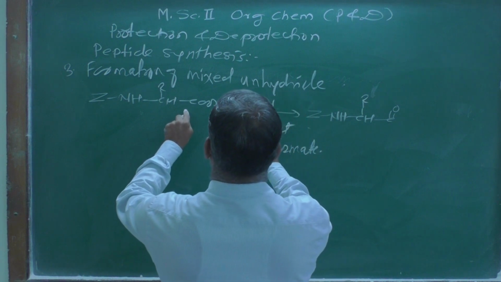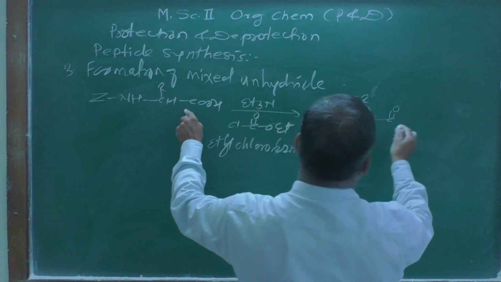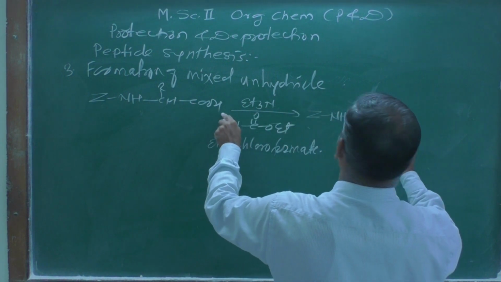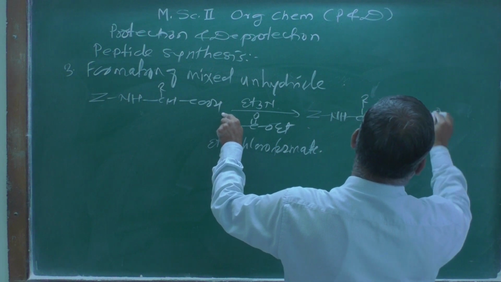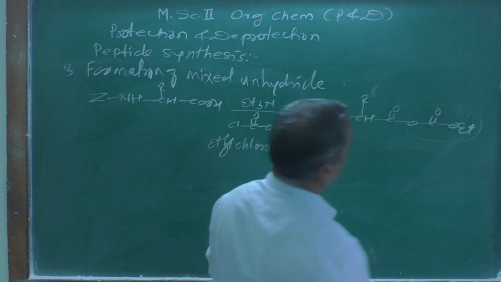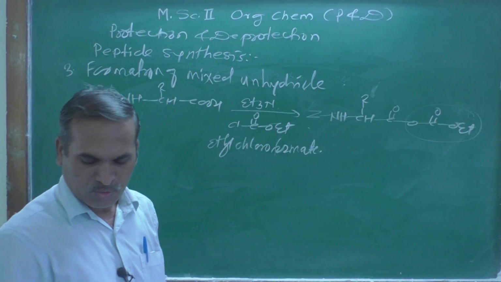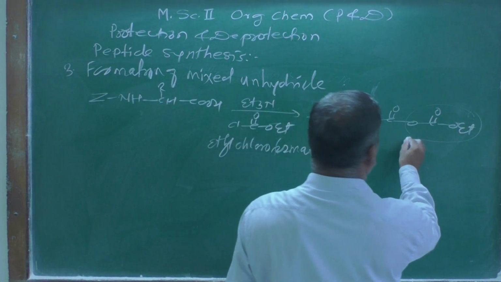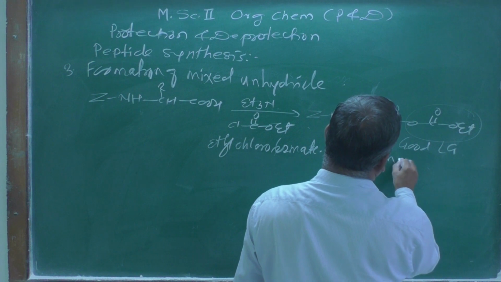Now this will pick up the proton. The O attacks, then C double bond O and OEt, and now this group is a good leaving group. This becomes a good leaving group, that is a mixed anhydride.